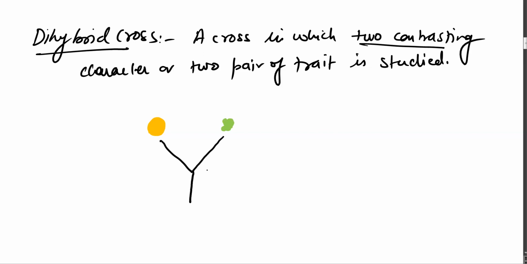When he did the cross pollination, then what happened? He got all round yellow seeds.